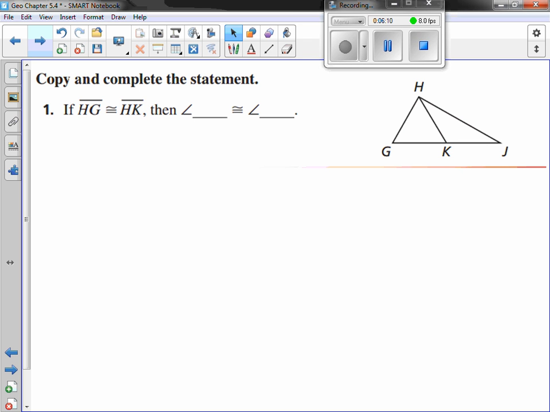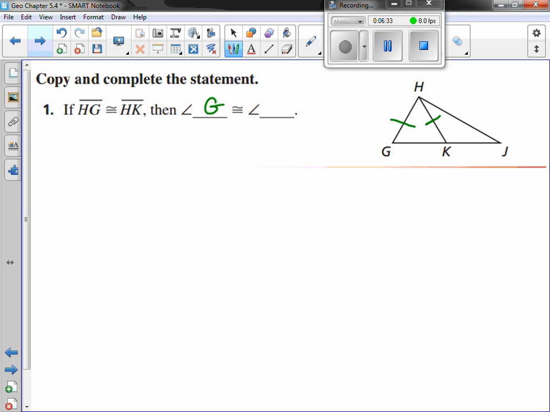So HG is congruent to HK. What are the angles opposite them? Well, one of them would be angle G, yes?